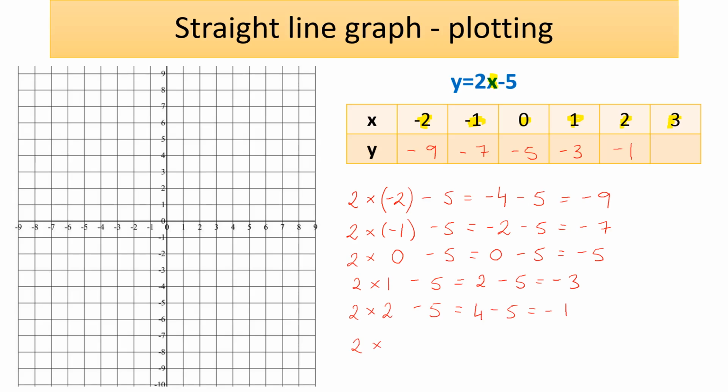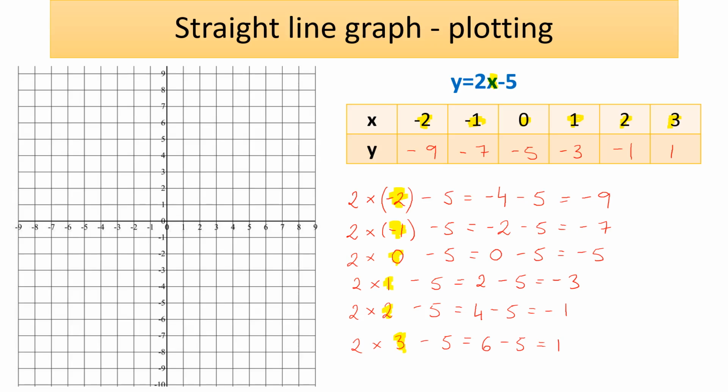And then 2 times 3 take away 5, which is 6, take away 5 equals 1. As you can see, we've substituted the values of x from the table into the equation, and we calculated the values of y.